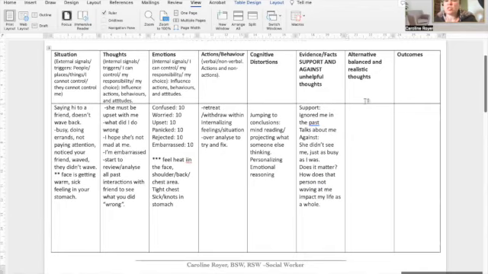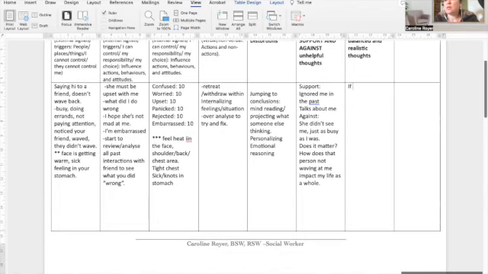So in this situation, what I put was, if I did something to upset this person, it's her responsibility to let me know. I'm not a mind reader, right? So if I did do something to upset this person, it's their responsibility to let me know and advise me so that we can have that discussion.